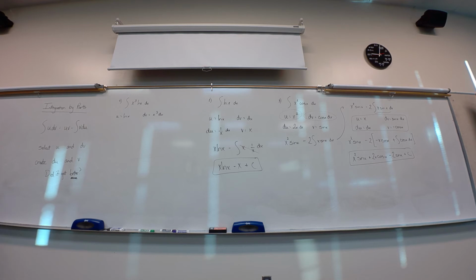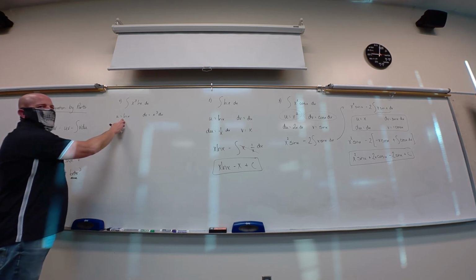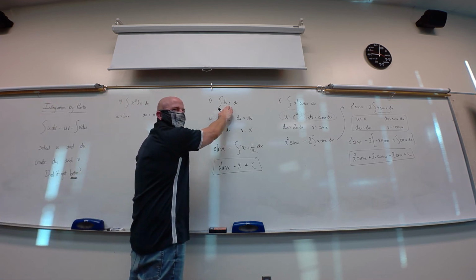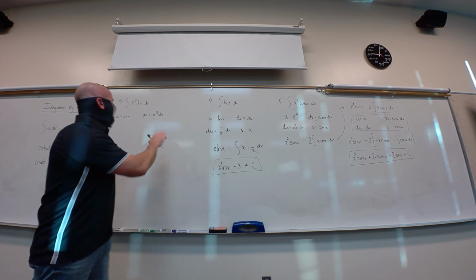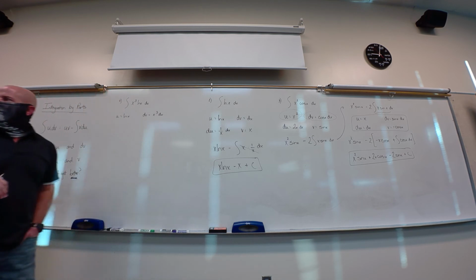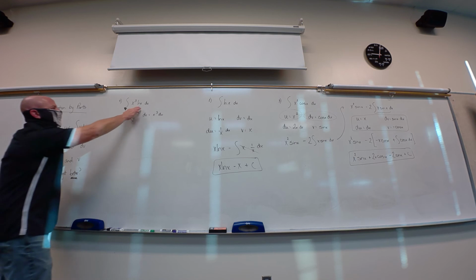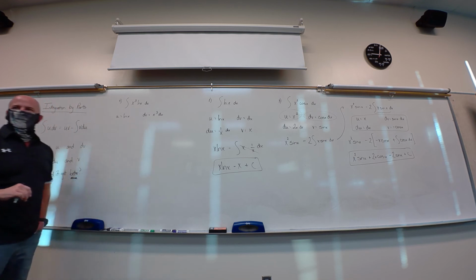The reason is that I'm letting u be the ln. We already went through this, I don't know how to integrate that. So if I put it on the dv, I'm going to have to integrate it. It's not my common integral. I don't want you to always assume that the more complicated function is always in the dv.